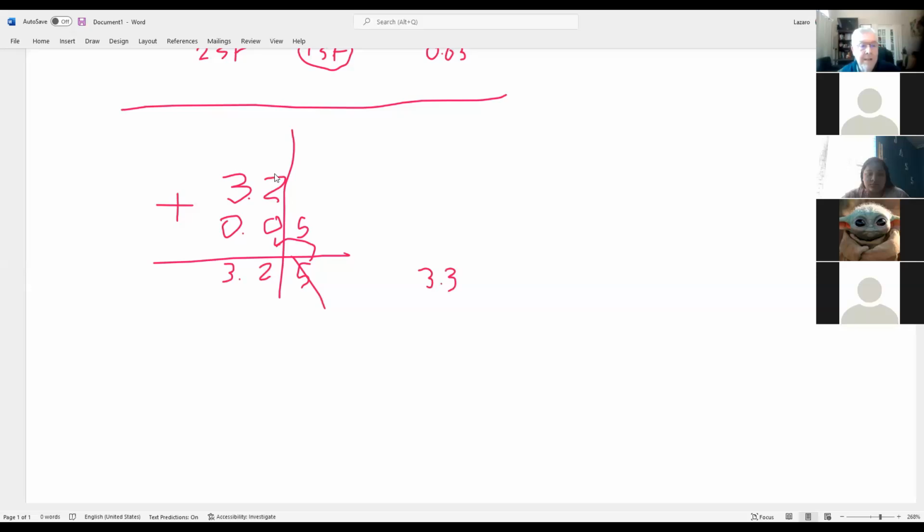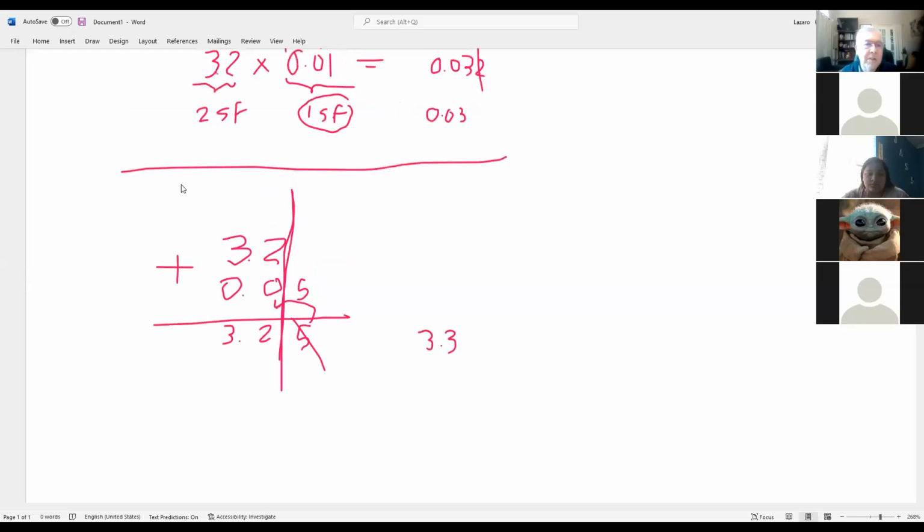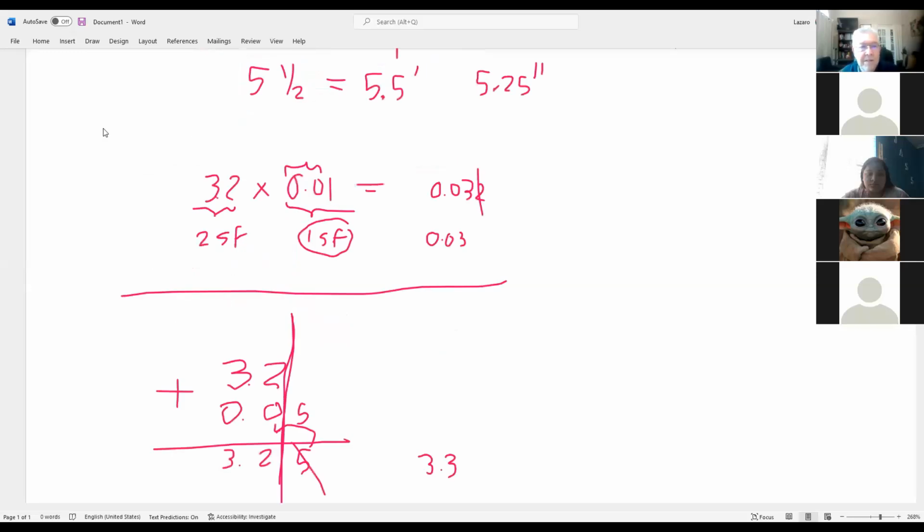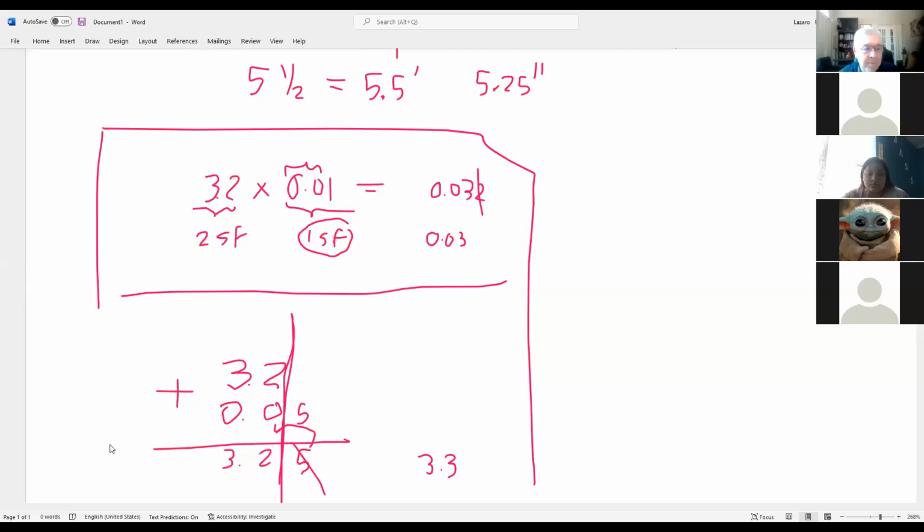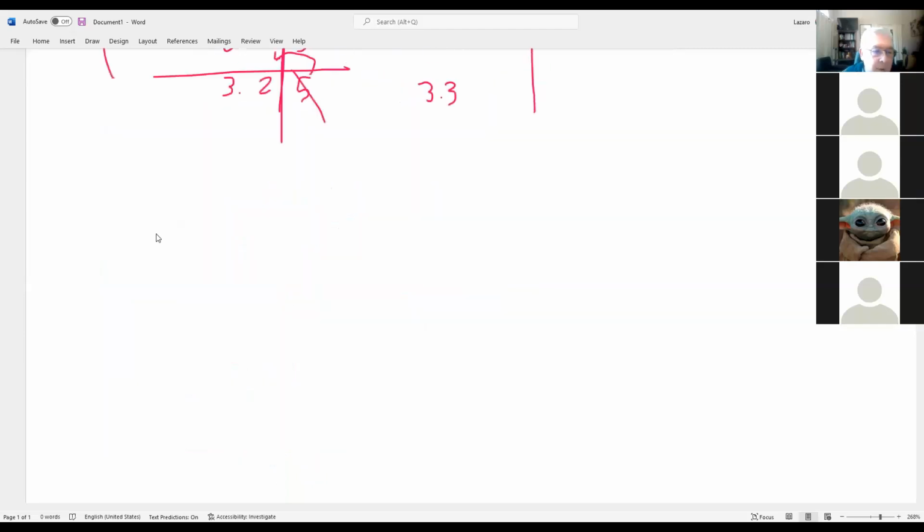The best way is to do it this way, such that you can make a line and it will be very easy. No problem with addition, subtraction, multiplication, division? No. Can I continue? Yes.